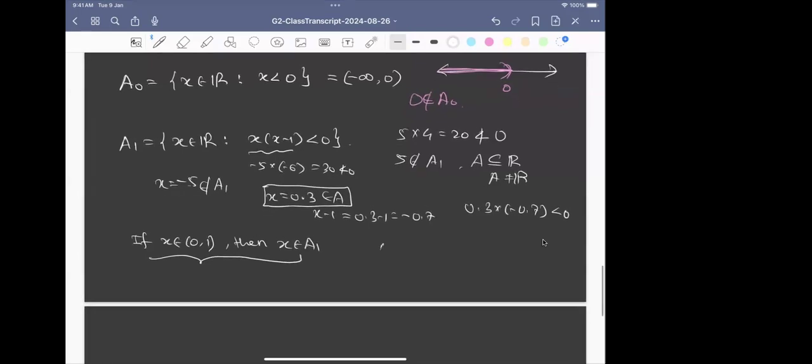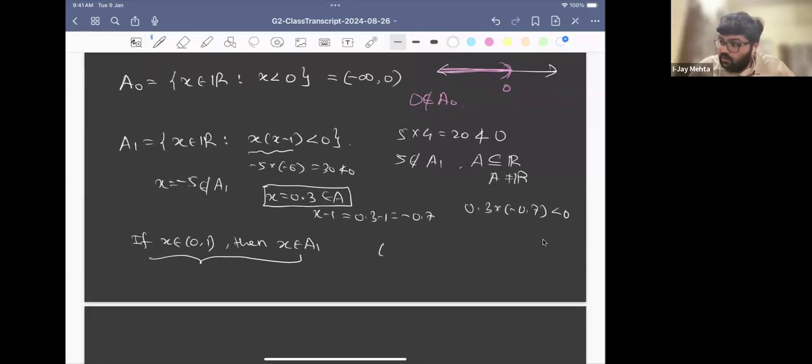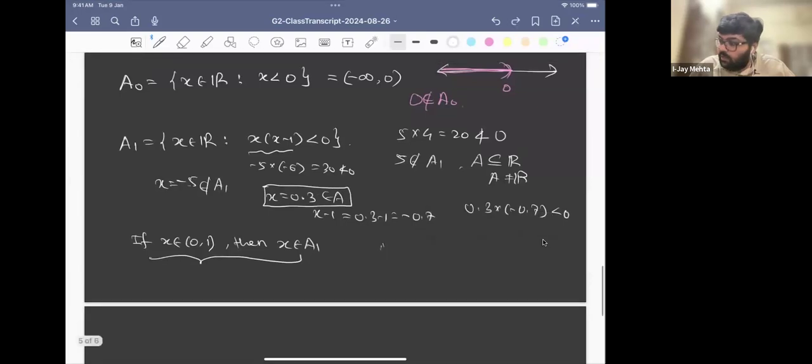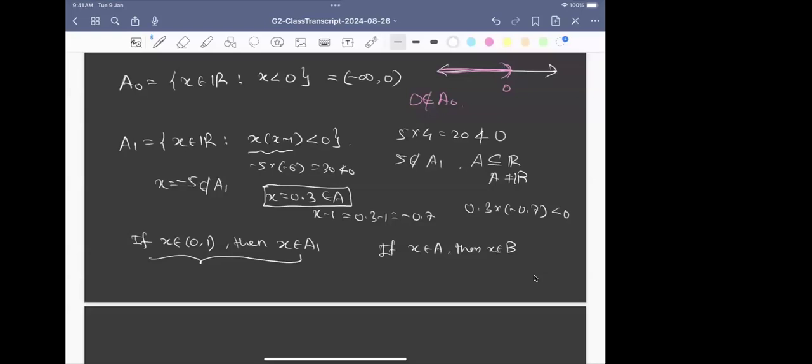If I say if x is in A, then x is in B, what does this mean? If A and B are two sets, then A is a subset of B.